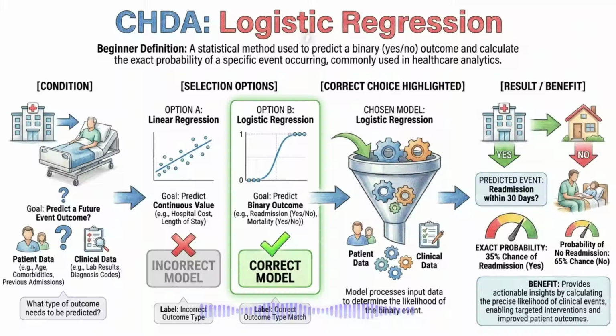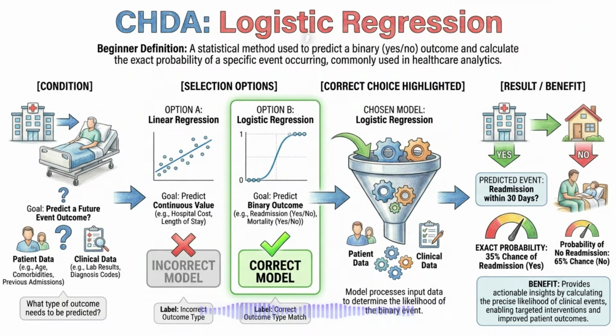When you are trying to predict a binary outcome, which simply means a yes or no result, you must switch to a logistic regression model. Instead of predicting how much a hospital stay will cost, logistic regression predicts the exact percentage chance that a specific event will actually occur.